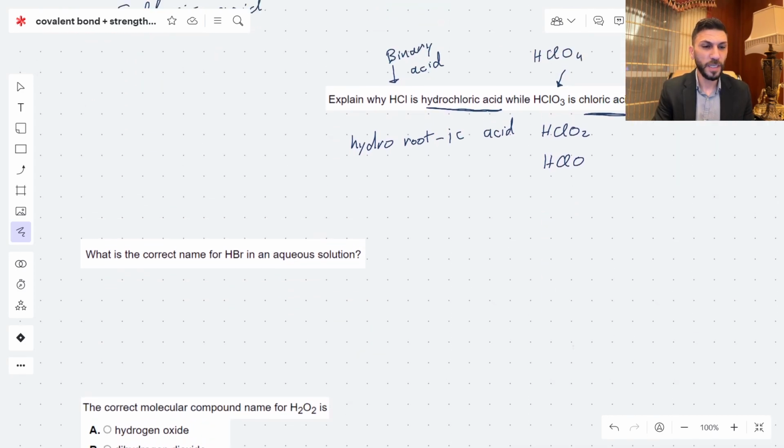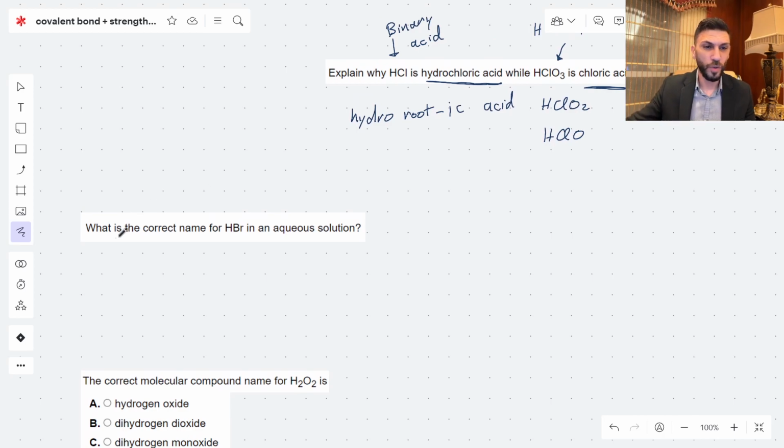All right. Question number 4. What is the correct name of HBr in an aqueous solution? A lot of students make a mistake about this compound or those compounds because they think it's a binary molecular compound. They forget that in its aqueous solution it is going to be an acid, and this acid is a binary acid.